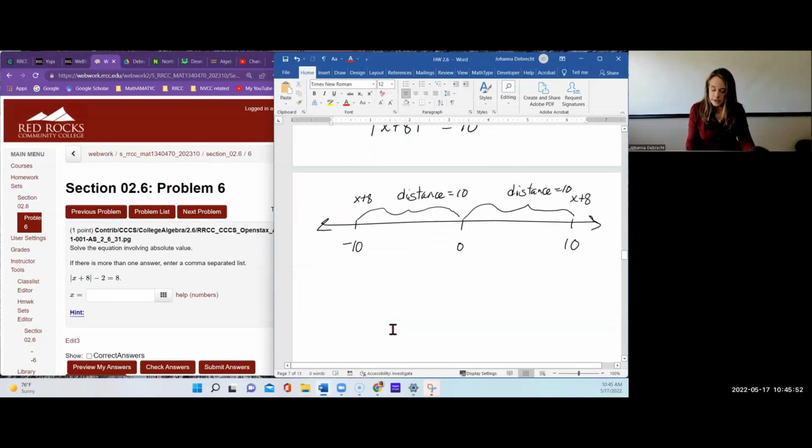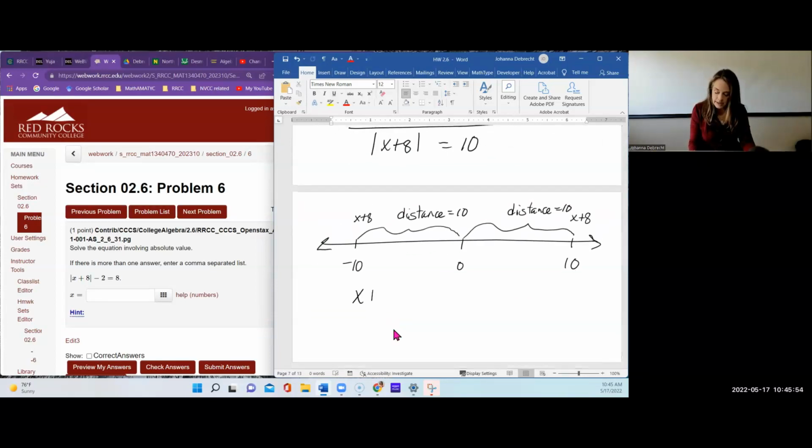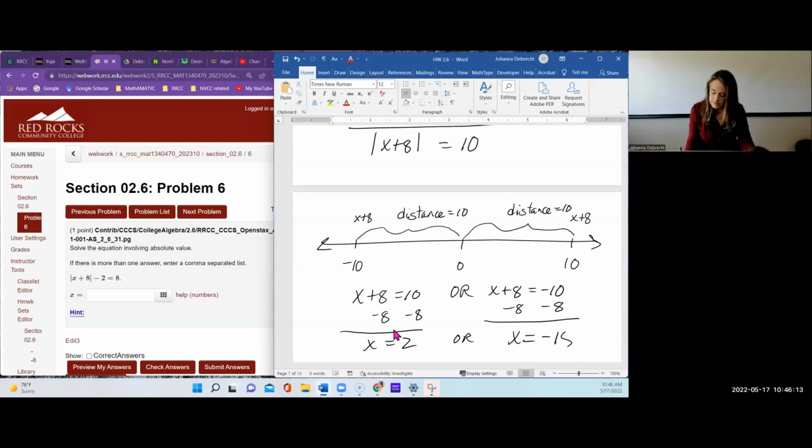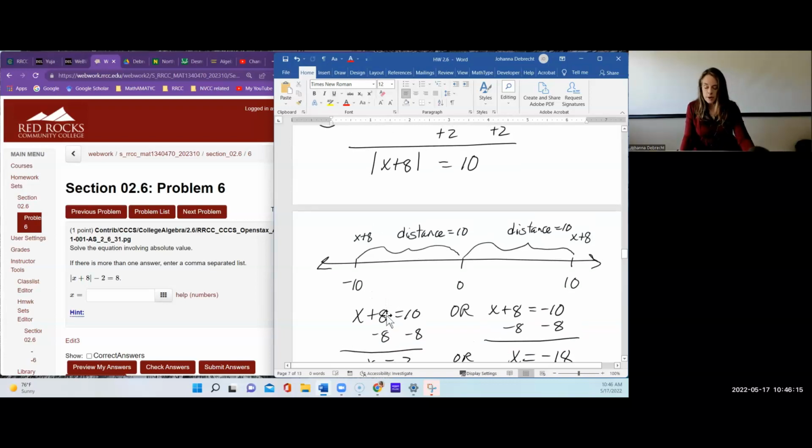So now that tells us that either x plus 8 is sitting at 10 or x plus 8 is sitting at negative 10. Then we can solve the two sides separately, and this leads to x equal 2 or x equal negative 18. Again, if you test the problems and you plug them in, 2 plus 8 is 10.